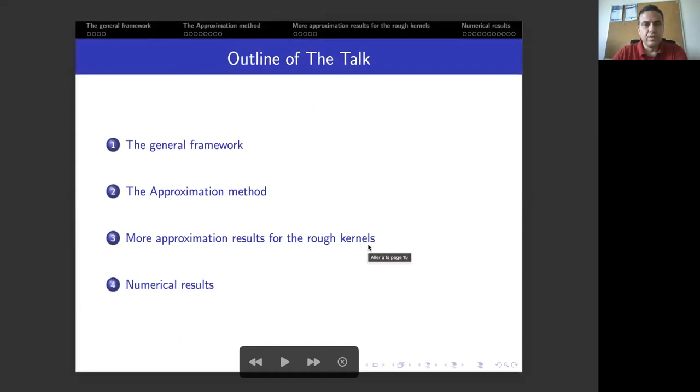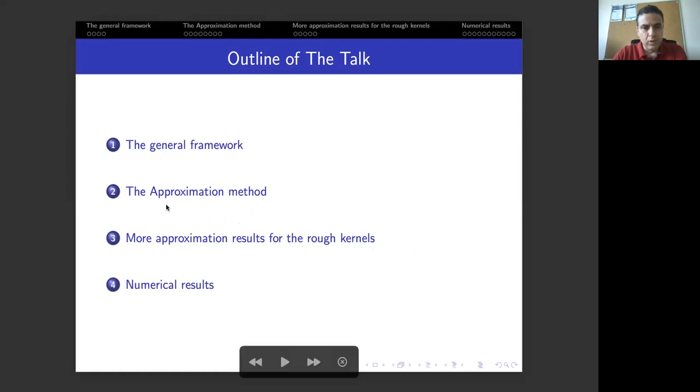So, the outline of the talk: at first, I'm going to present the general framework of our study, and then maybe introduce some preliminary results. Then I will introduce our approximation method, which will be general for a general stochastic Volterra equation.